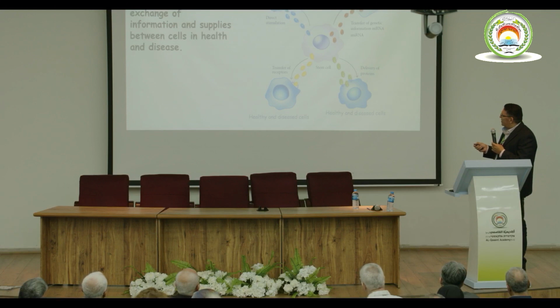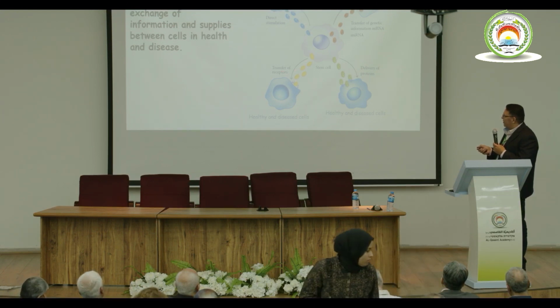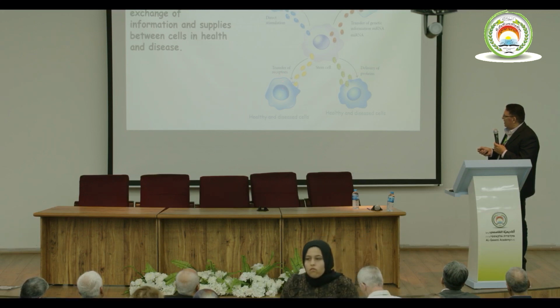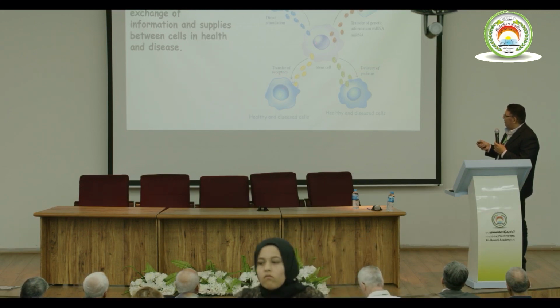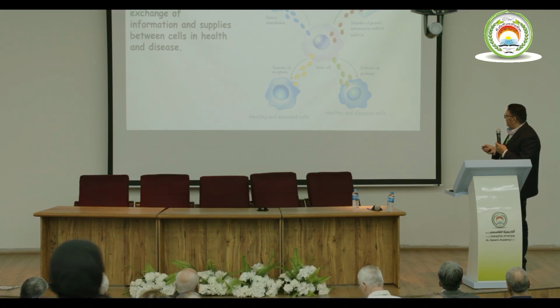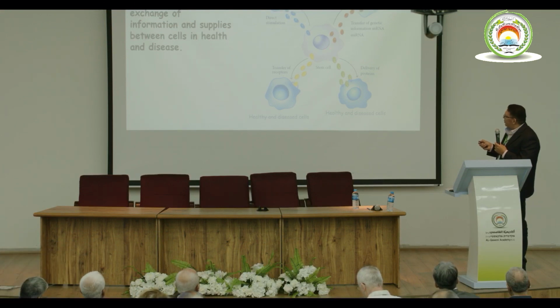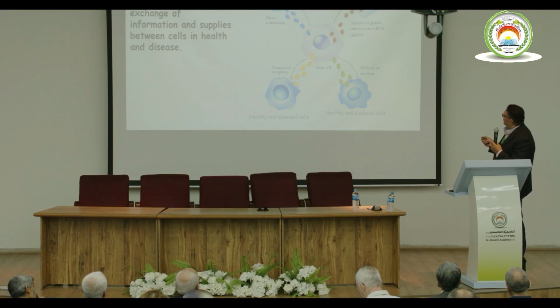Here we can see that the cells can provide, for example, receptors. If the cell needs some receptors or some proteins, they can provide it with them. Also, they can provide genetic material, microRNA, RNA, and also double-stranded RNA.